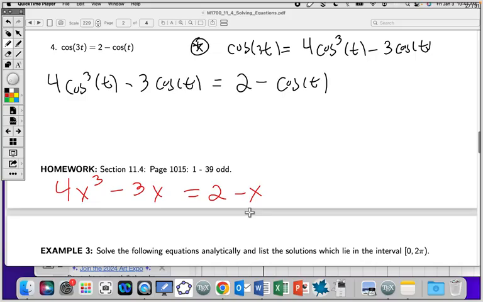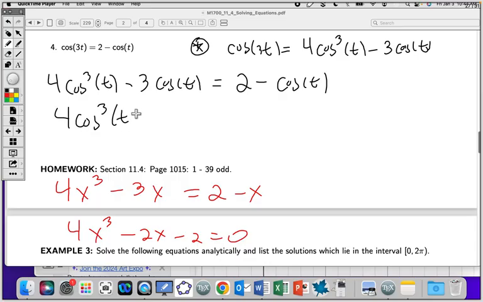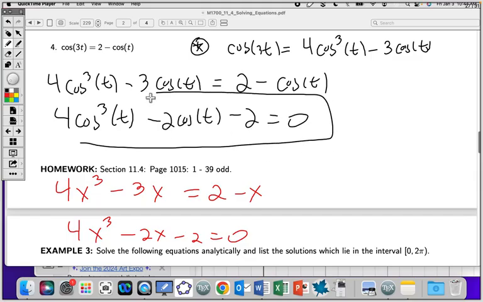So I can solve this like we solved polynomials back in college algebra, namely add x to both sides and subtract 2 from both sides to get 4x cubed minus 2x minus 2 is 0. And then we go in and do what we have to do here. So let's talk about this. That's what we'd have to solve.